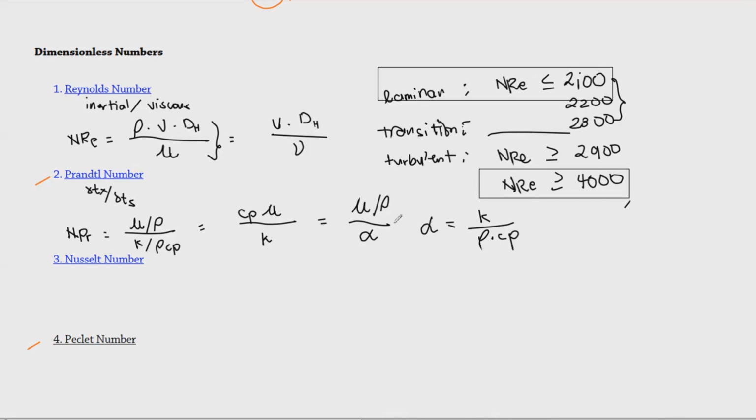Or also, since absolute viscosity divided by density is equal to the kinematic viscosity, we'll have nu over alpha, the kinematic viscosity over our thermal diffusivity. But it is better to use the earlier form, since it is a lot easier to remember.